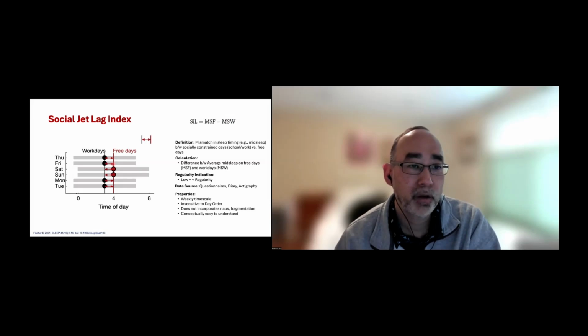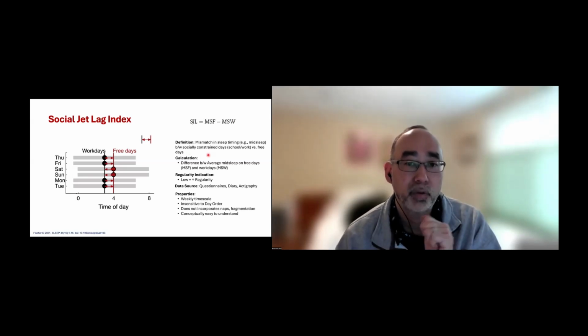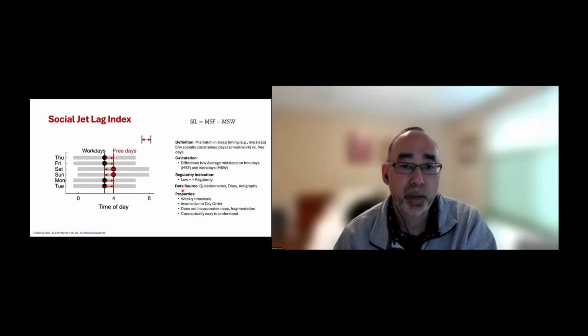Then you're just taking the difference between these 2 mid times. The social jet lag index is basically a mismatch in sleep timing between socially constrained days, which could be school or work, versus your free days. And again, a low value indicates high regularity.